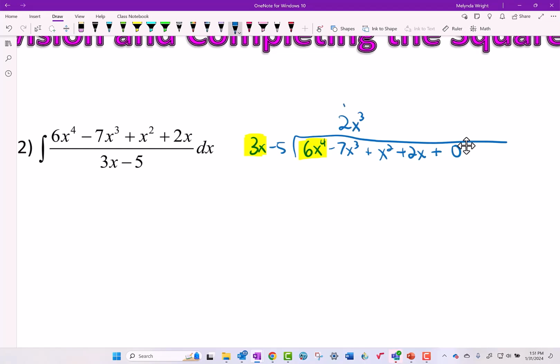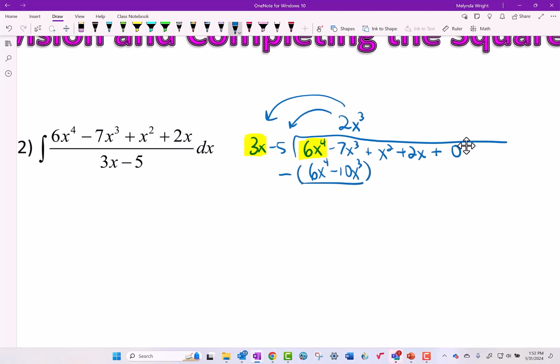Now I have to multiply back out to both of those terms. That's where the second one, or however many of them there are, comes into play as the multiplying part. So 2x cubed times 3x is what? 6x to the fourth. 2x cubed times negative 5 is what? Negative 10x cubed. So we stop and I put parentheses and I put a subtraction sign.